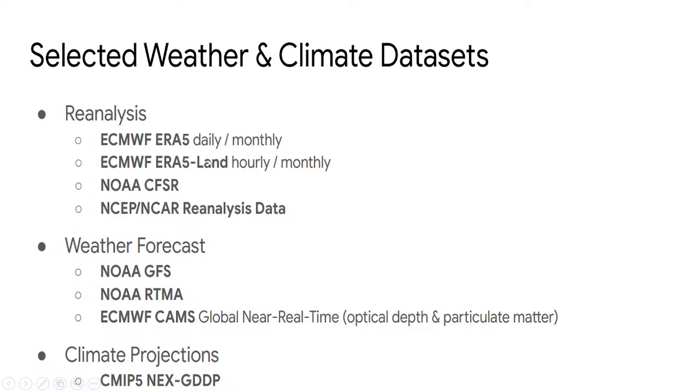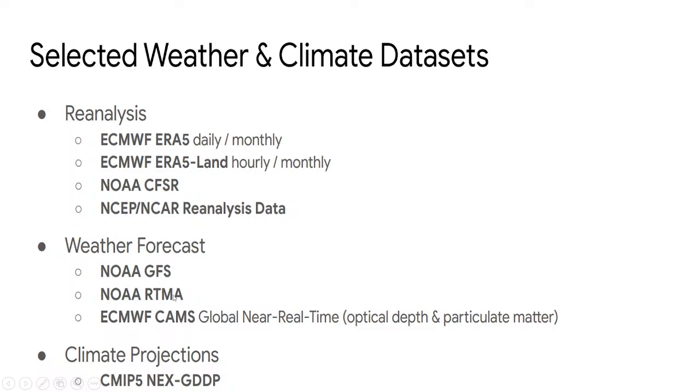We can also get ERA5-Land hourly and monthly. We can also get another dataset, the NOAA CFSR, NCEP/NCAR reanalysis data. Mainly for the weather forecast, we can get data in NOAA GFS, NOAA RTMA. We can also get ECMWF, and for climate projection, we can get the CMIP5 NEX-DCP.